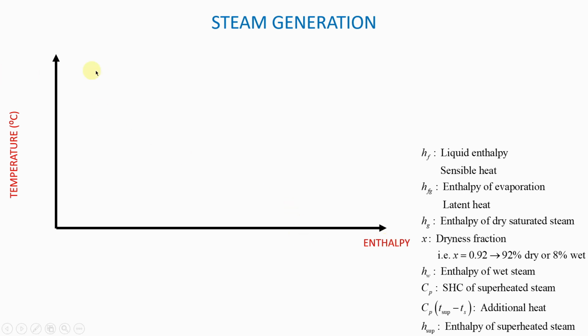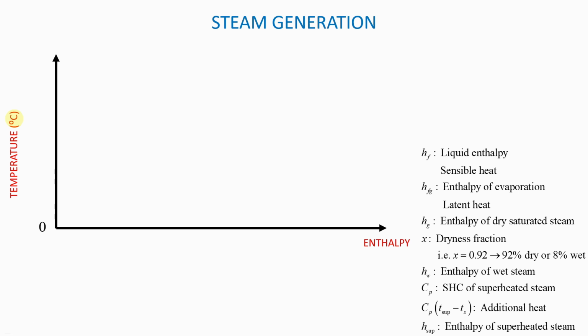The temperatures we have on the y-axis are in Celsius degrees. On the x-axis we just have enthalpy. The unit for enthalpy in this case doesn't really matter as far as the explanation is concerned, but what does matter is that the temperatures that we have on the y-axis here are in Celsius degrees.